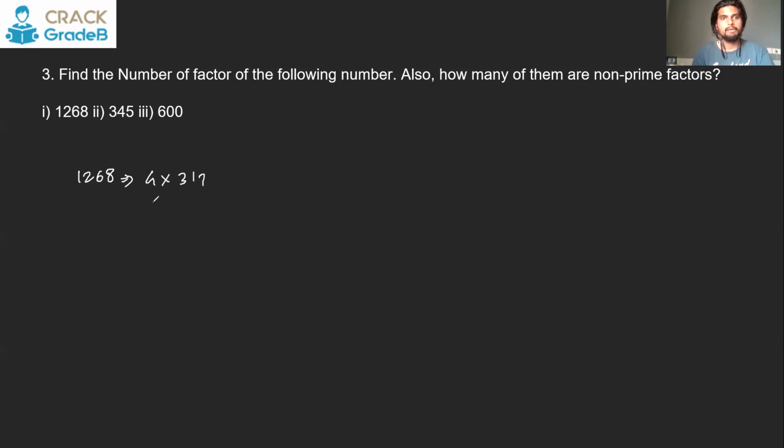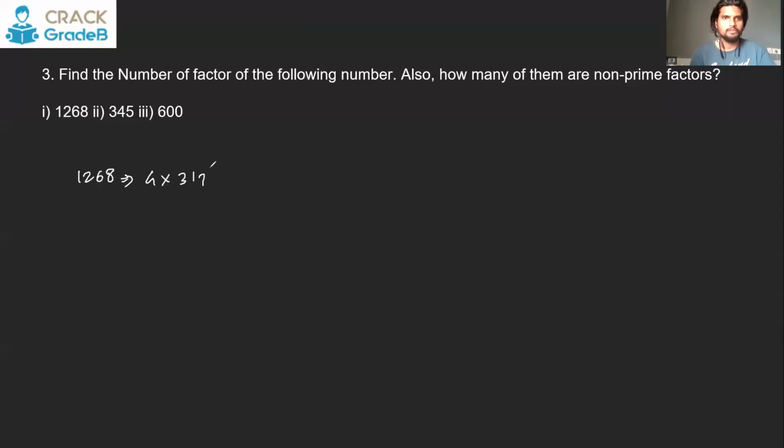Is 317 a prime? So yes, this is a prime number. So that means the prime factorized form will be 2 raised to power 2 into 317 raised to power 1.